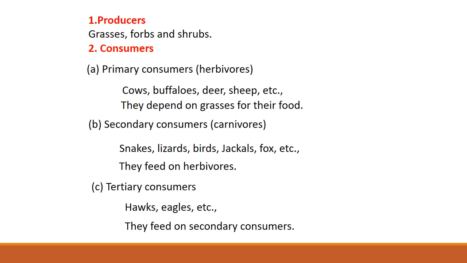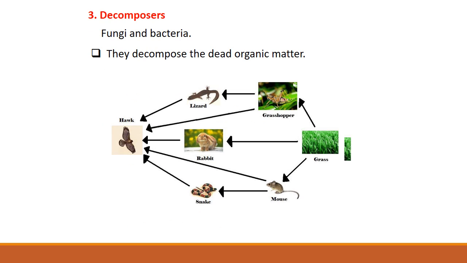Secondary consumers are carnivores: snakes, lizards, birds, fox, etc. They feed on herbivores. Tertiary consumers are hawks, eagles, etc. and they feed on secondary consumers. After discussing producers and consumers, the next biotic component of grassland ecosystem is decomposers.